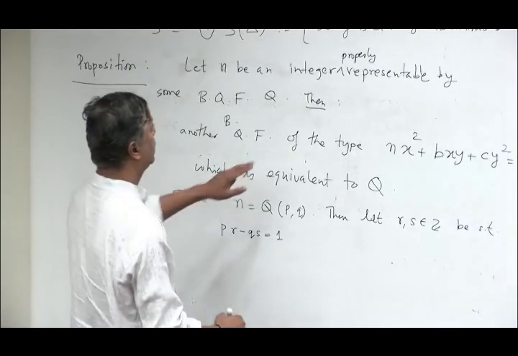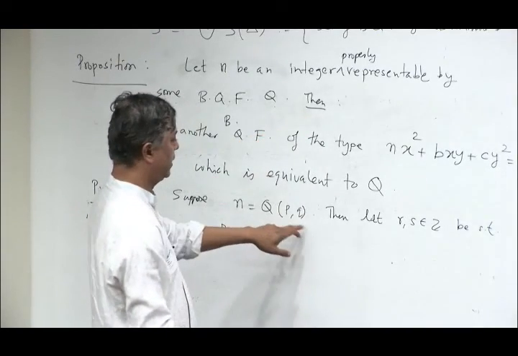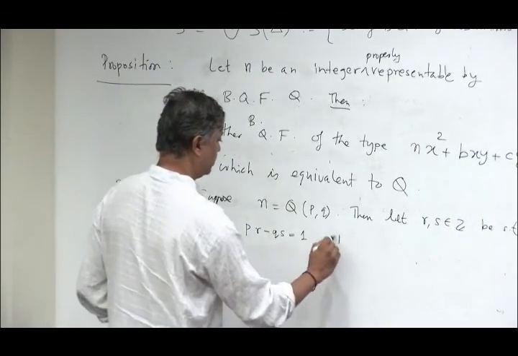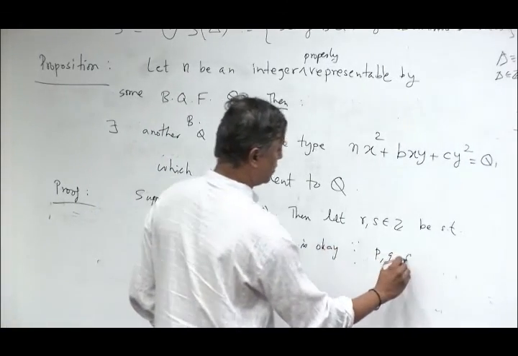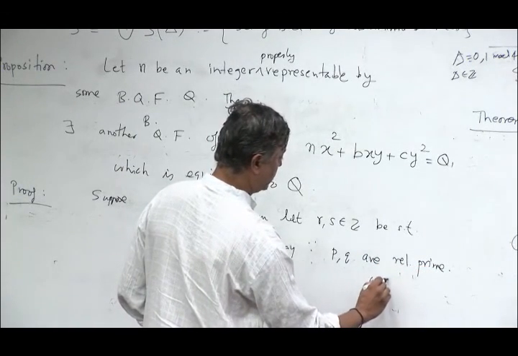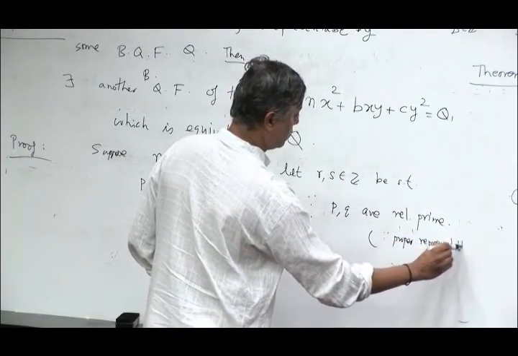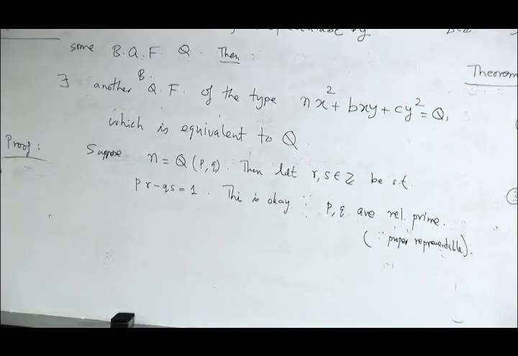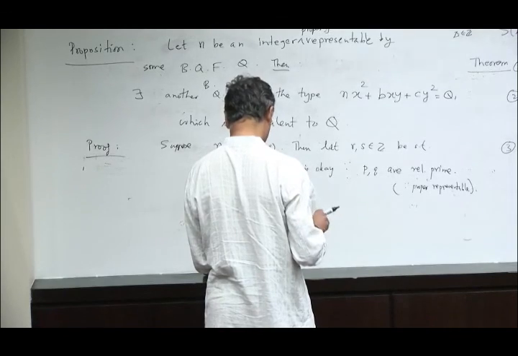This can be done because I am assuming properly representable, meaning that p and q are relatively prime by the assumption of proper representability. Now there is some trick, which basically uses the inverse of the corresponding PQRS. Let me just take a quick look.